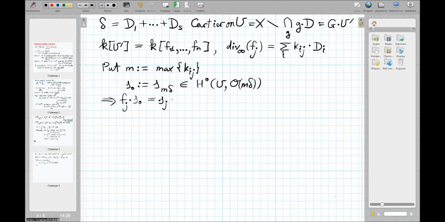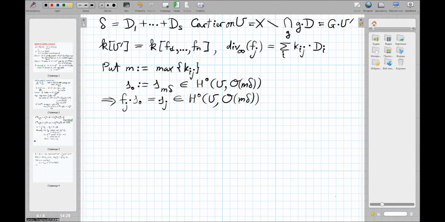We get a regular section. Okay. Now we have this line bundle associated with the Cartier divisor m delta on this U, and everything is G-equivariant, so we can lift the action of G to this line bundle, maybe after replacing G with its finite cover.